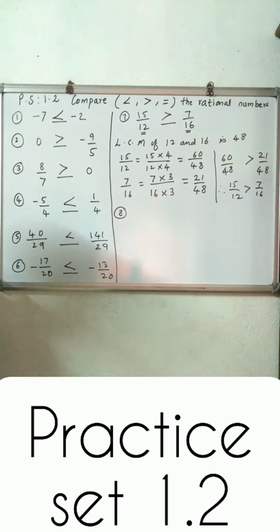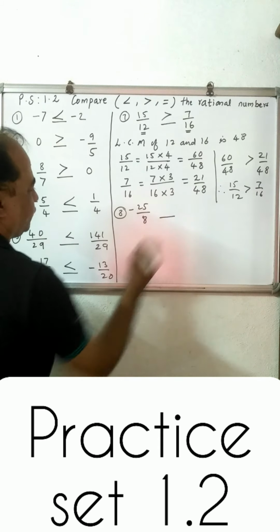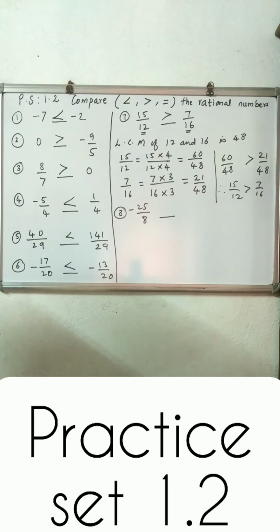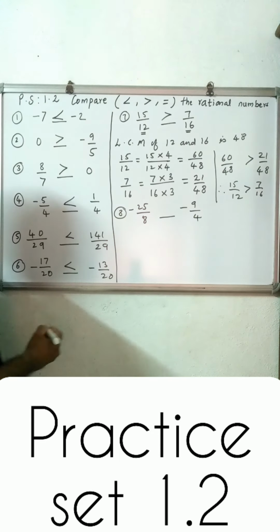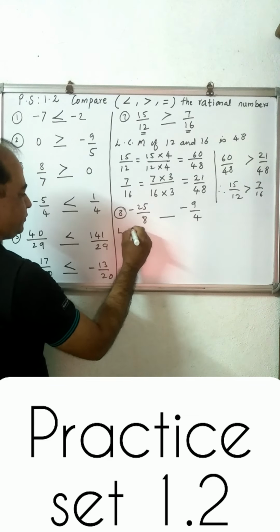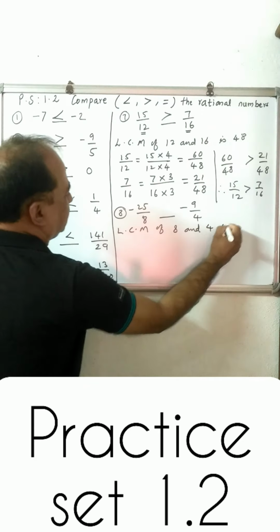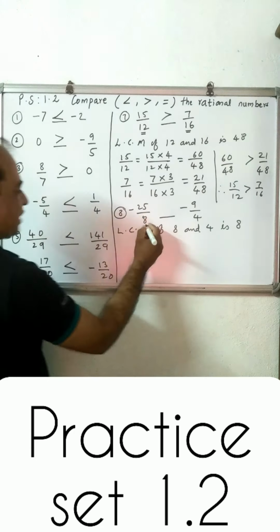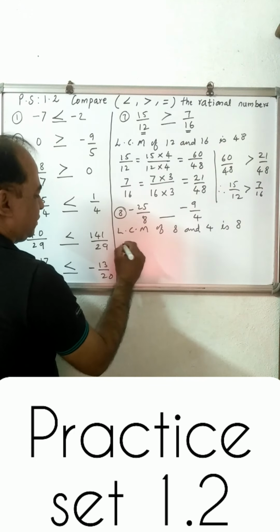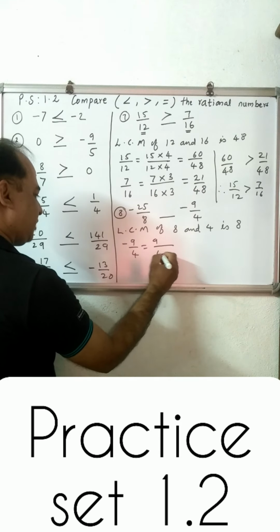Next one, the eighth one. Minus 25 upon 8 and minus 9 upon 4. Now here the least common multiple, LCM, of 8 and 4 is 8. 8 ones are 8 and 4 twos are 8. So this fraction will remain as it is. We just give the common multiple for minus 9 upon 4.